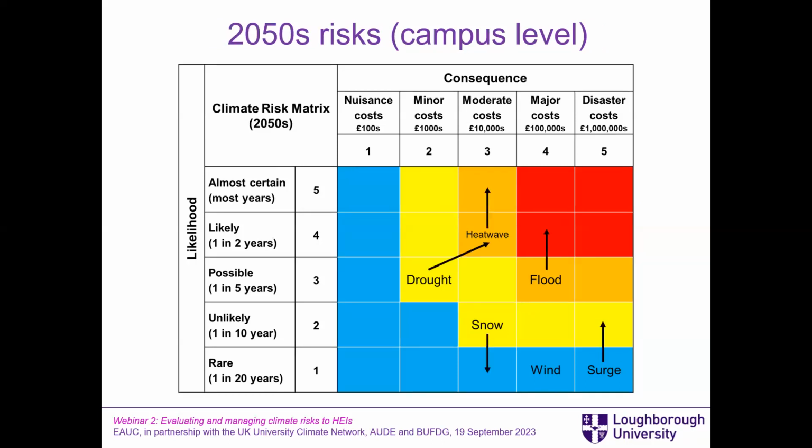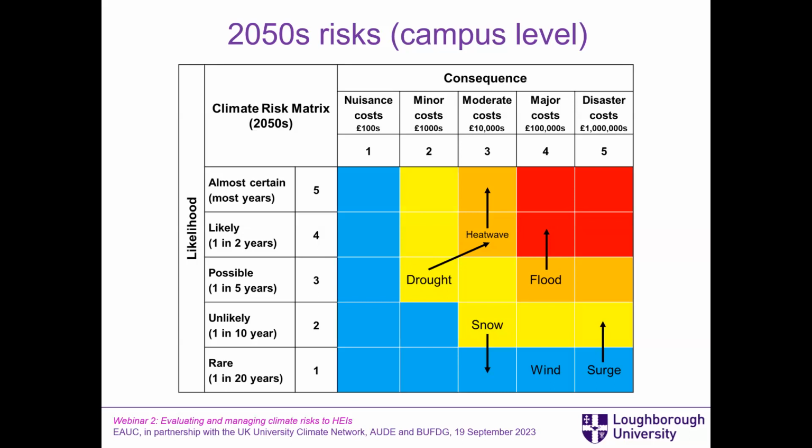And then we can use the information about the future climate projections to think about how these risks might evolve in the future. And you can see that in this hypothetical case, 4 out of the 6 risks increase in likelihood.